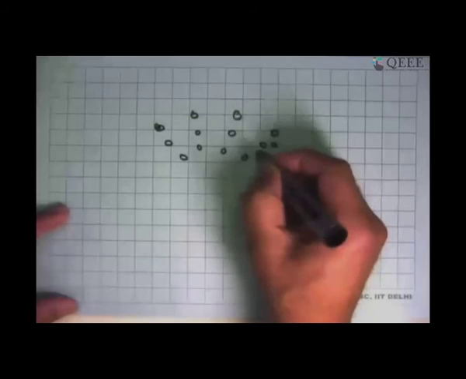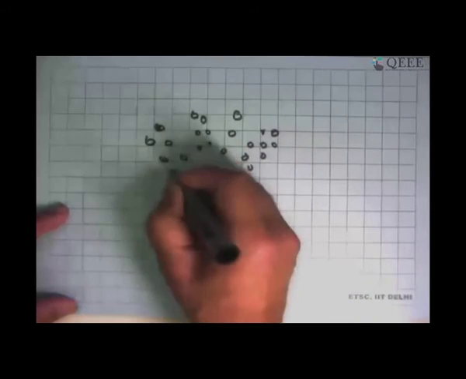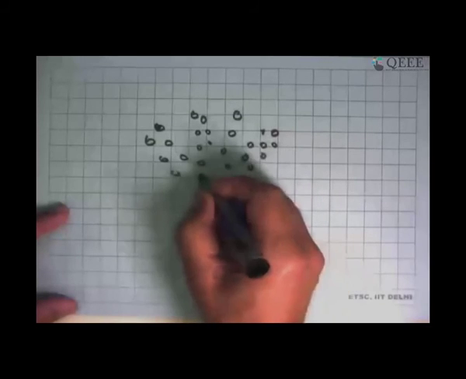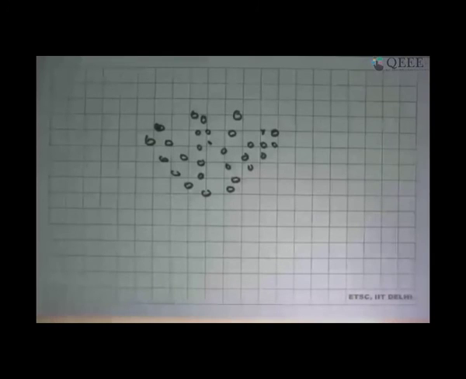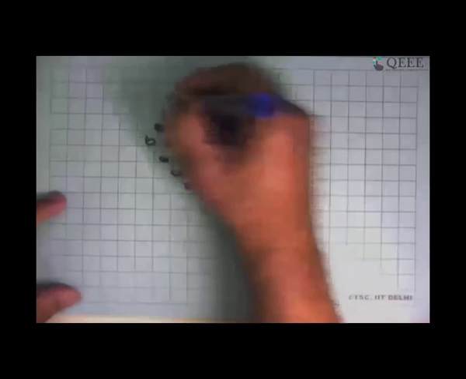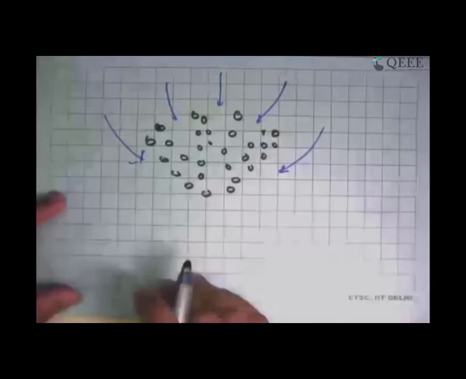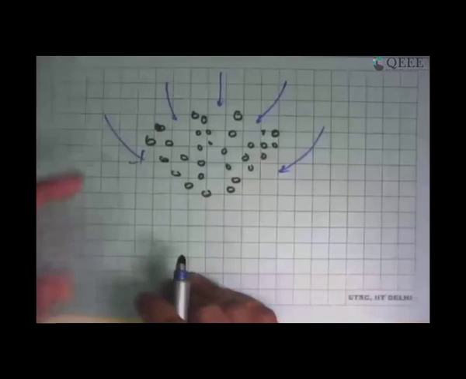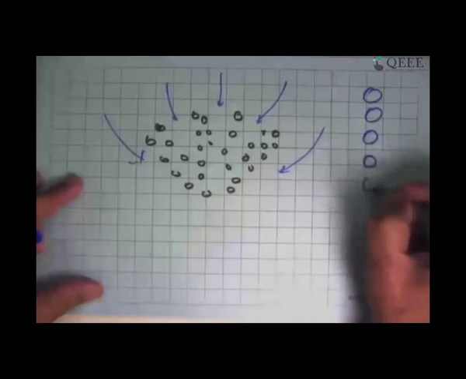So I'm just drawing some tubes. So you make the condenser in such a way that vapor can enter here, it can enter there, it can enter there, like that. And why do we do it? To avoid the fact that you don't want too many tubes vertically one below the other.